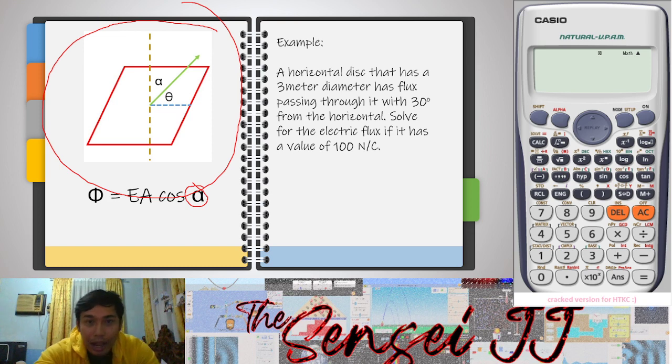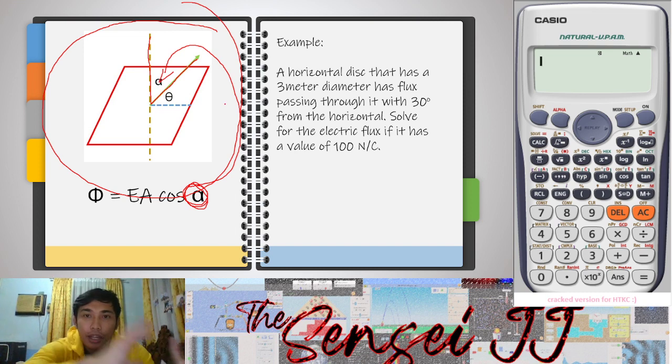So we have here our alpha angle. Our alpha angle here is with respect to, let's say, the y-axis. So it is with respect to our y-axis, because we will need that later in our example. Okay, so we have to be wary of the orientation of our electrical field lines.